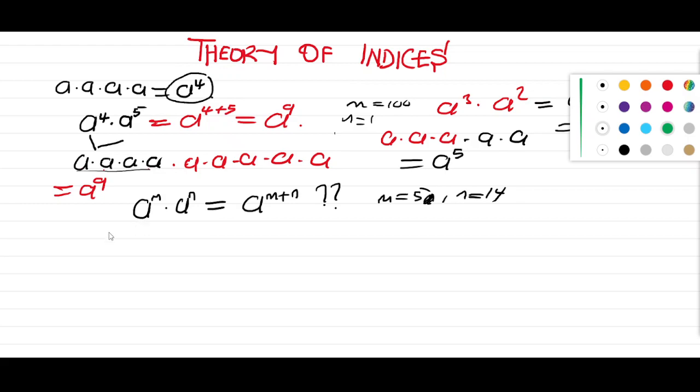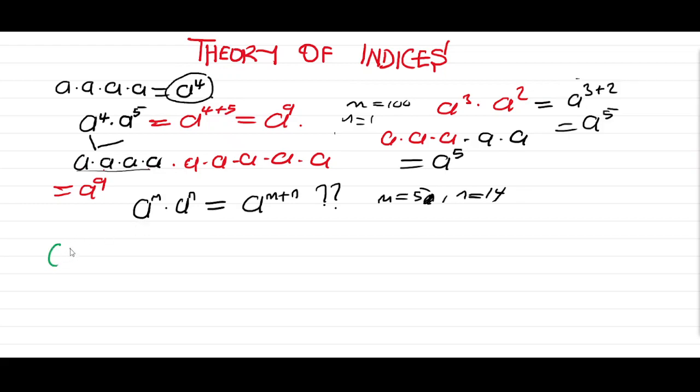A to the m is gotten by multiplying a by itself, and the number of times I'm multiplying a is equal to the power to which we have raised a, and this is m. So a is multiplying itself here m times.